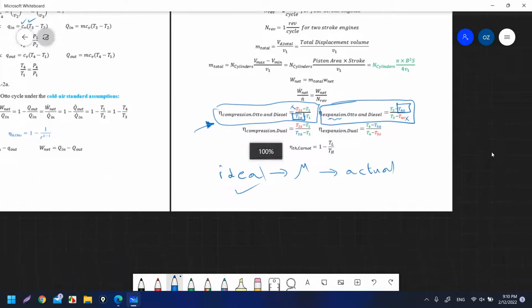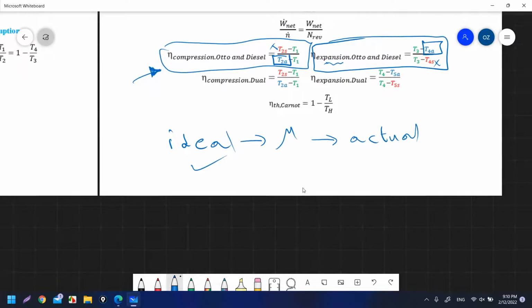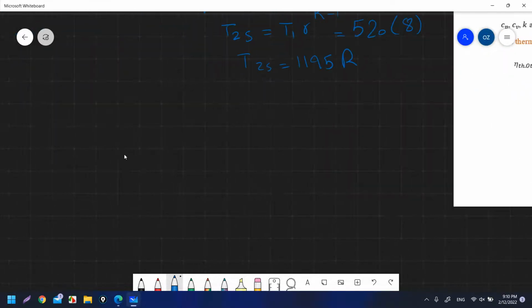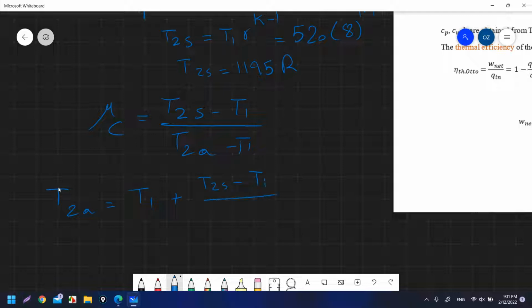We are comparing the compression process between the temperature at the beginning of the process and the ending temperature. The temperature at the beginning is the same for the actual and the ideal. So let's use this equation. The isentropic efficiency for the compression of the Otto cycle is equal to T2S minus T1 over T2A minus T1, and this gives T2A equal to T1 plus (T2S minus T1) over the isentropic efficiency of the compression.